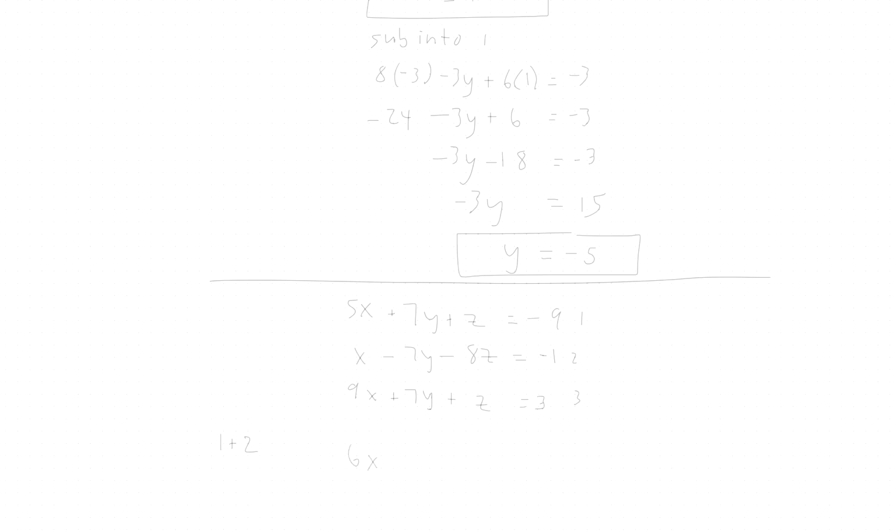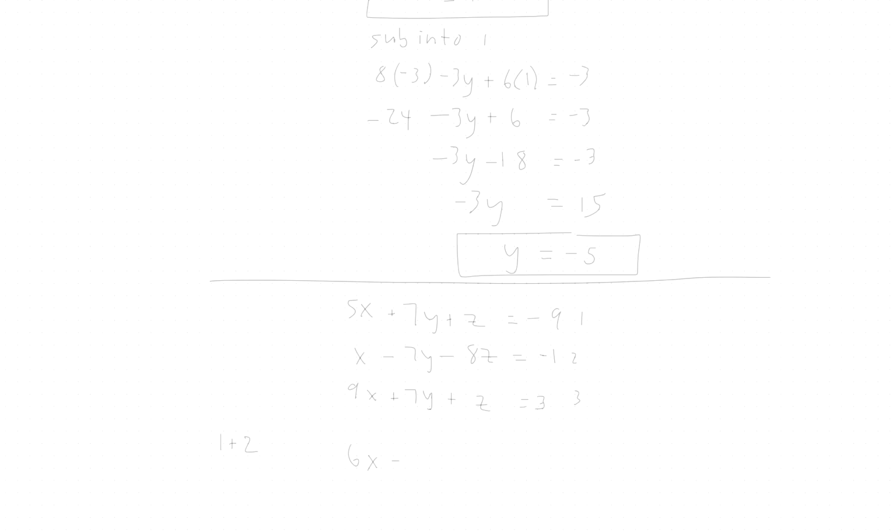What's z plus negative 8z? Z minus 8z. So would that be 1 minus 8? Yep, that'll be negative 7z.